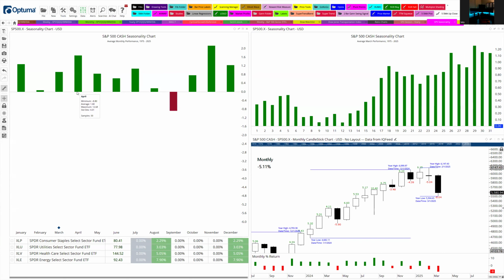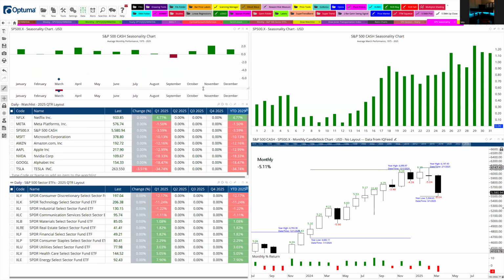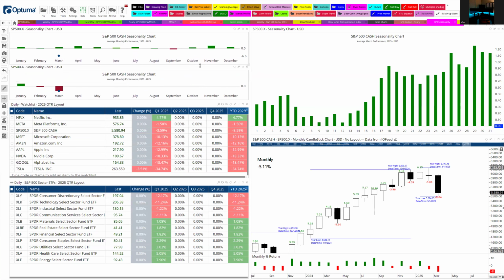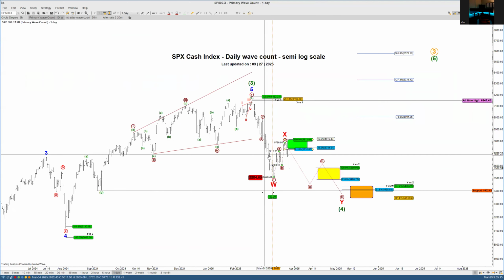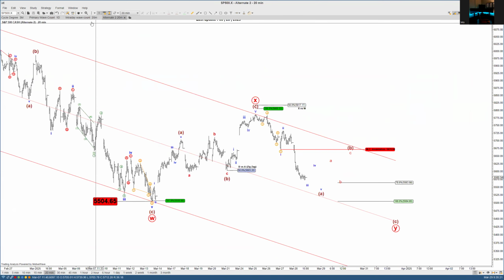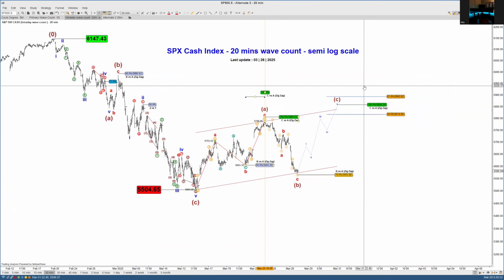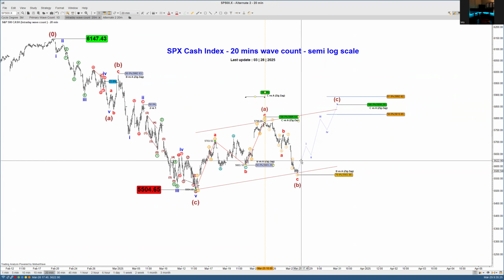So if we would consider the wave count here, we would be looking at basically this scenario. Because if we look at the time here, it is going to start right here.